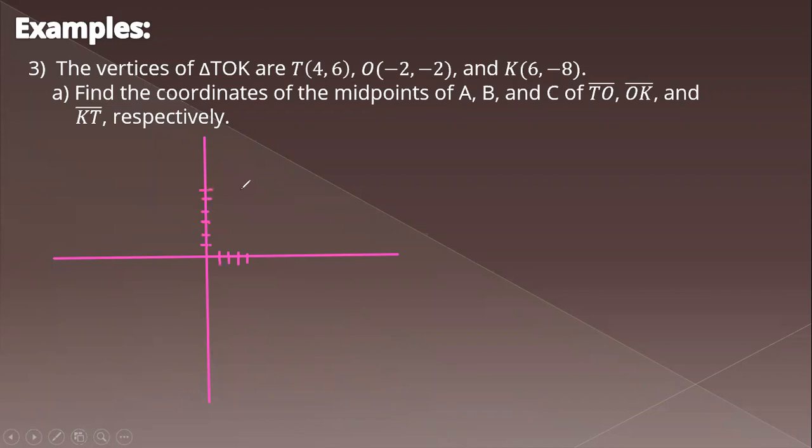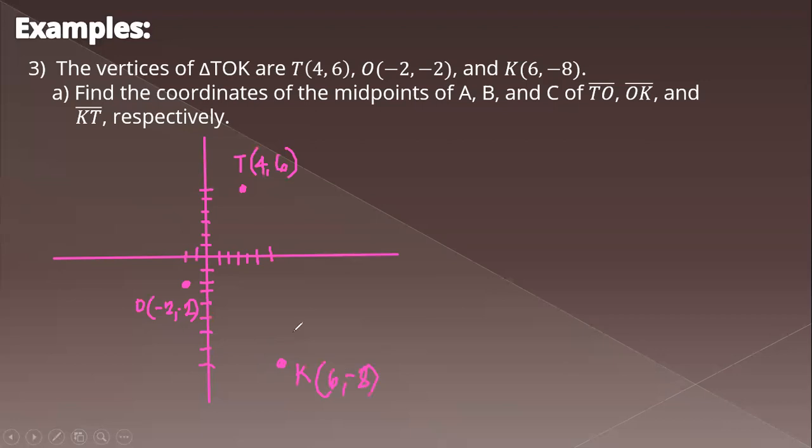So this is our T, which is 4, 6. Next, we have point O, negative 2, negative 2. We have point K, which is 6, negative 8. That is point K, 6, comma, negative 8.